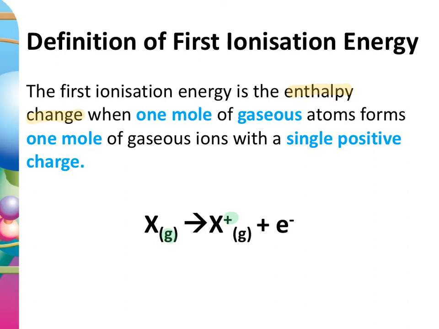So there are 3 parts to that. We've got to make it clear that it's all about 1 mole. We've got to make it clear that we have gaseous atoms and ions. And we have to make it clear that in the case of first ionization energy, we're going from atoms to a single positive charge.